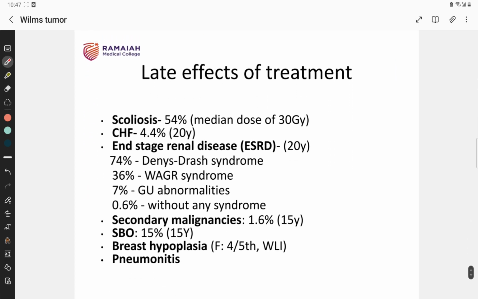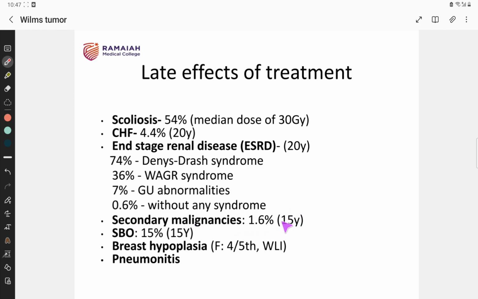So the late effects of the treatment will be scoliosis. Previously they used to treat irregularly, and the median dose at that time was 30 gray. At that time the risk of scoliosis was 54%. Congestive heart failure at 20 years cumulative incidence is 4.4%, and end stage renal disease at 20-year cumulative incidence for Denys-Drash syndrome is 74%, for WAGR syndrome is 36%, with patients with GU abnormalities is 7%, and without any syndrome is 0.6%.